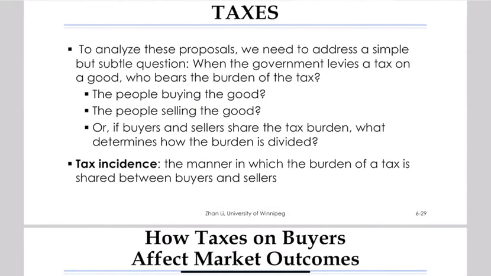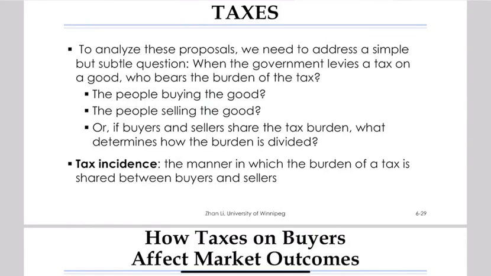when the government imposes a tax, who bears the burden of the tax, right? Will people who buy the good bear the tax, or people who sell the good bear the tax?